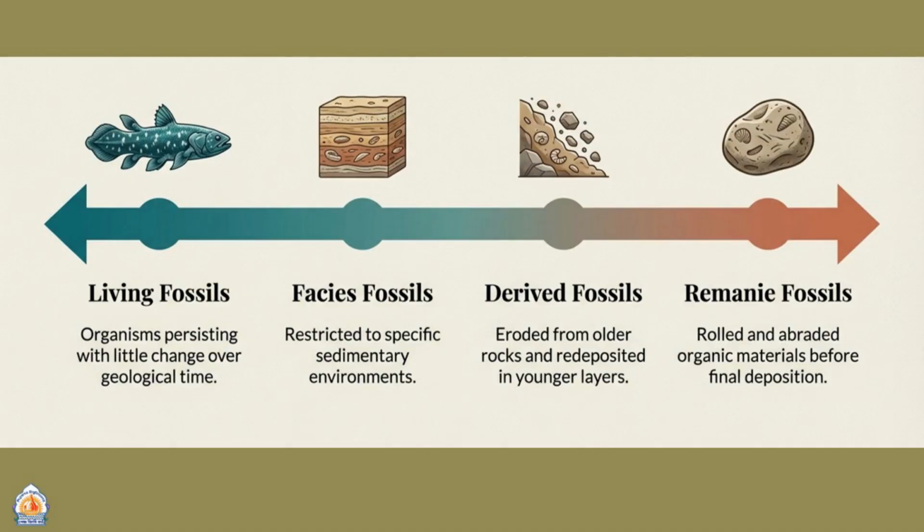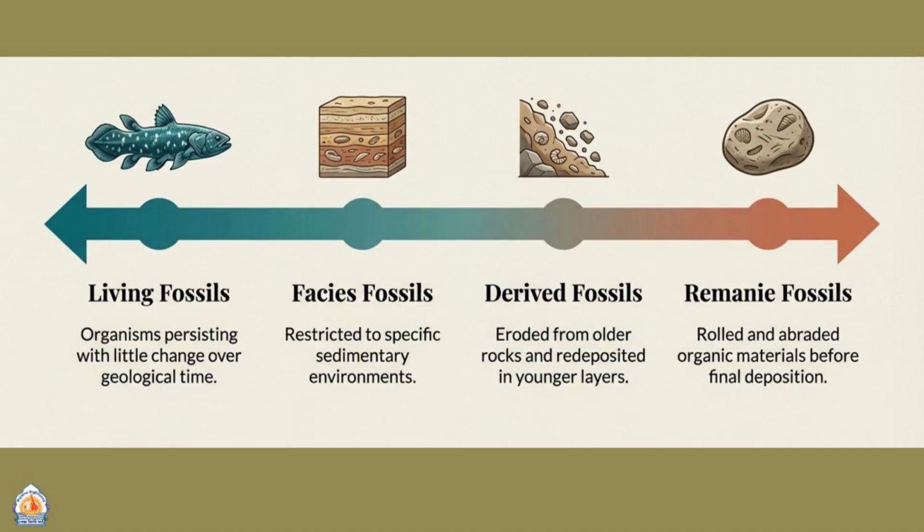There are some other types of fossils. Living fossils refer to organisms that remain almost unchanged for millions of years, representing ancient evolutionary lineage. So these are organisms that are still found in living forms as well as in fossilized forms.